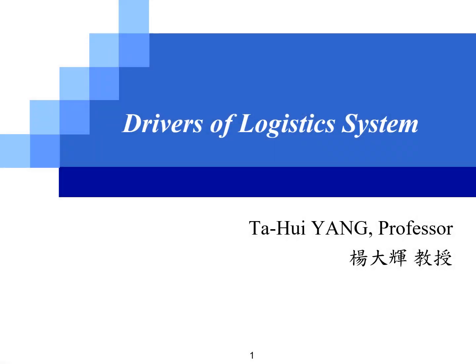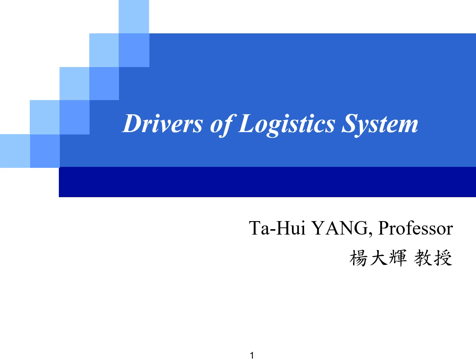In this lecture, we will introduce 6 drivers of logistics system. These drivers interact with each other, and the structure of these drivers determines how the supply chain or logistics system works or operates.